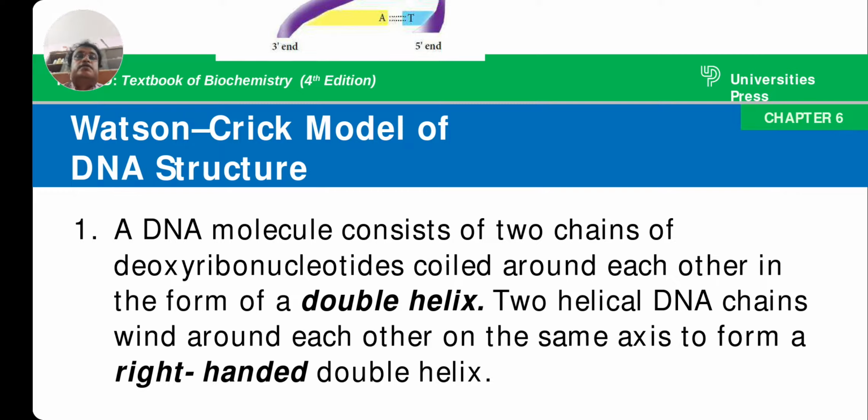Now, the Watson and Crick model of DNA structure. A DNA molecule consists of two chains of deoxyribonucleotides coiled around each other in the form of a double helix. The two helical DNA chains wind around each other on the same axis to form a right-handed double helix.